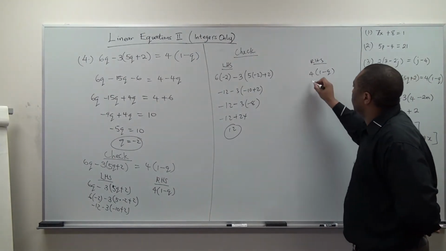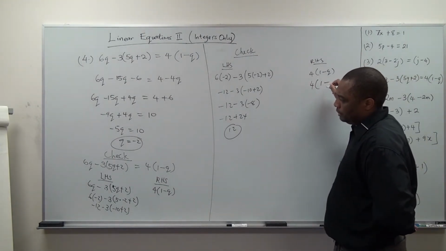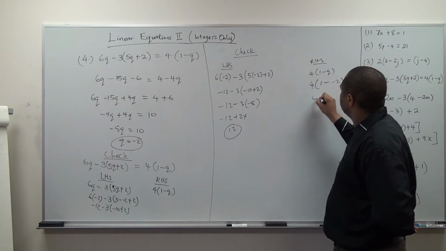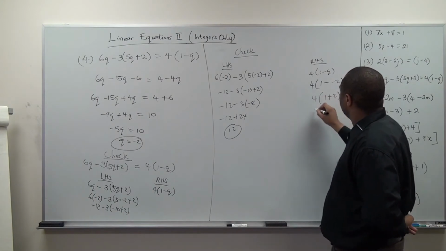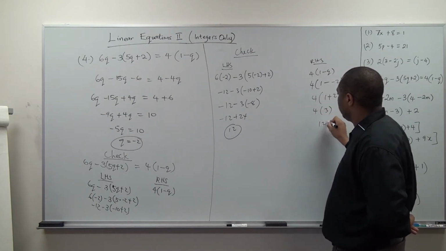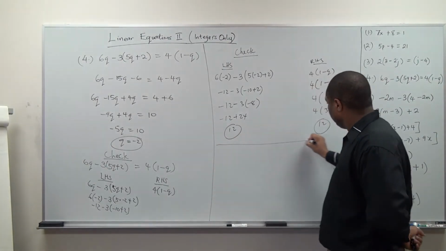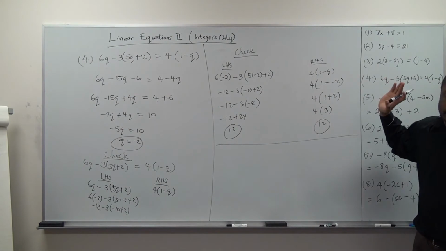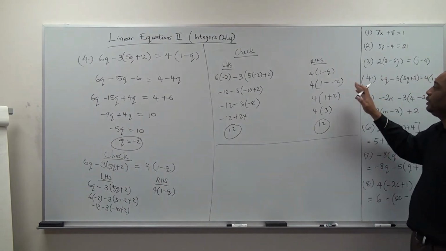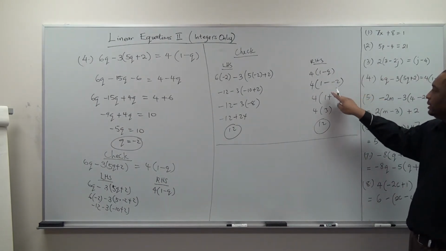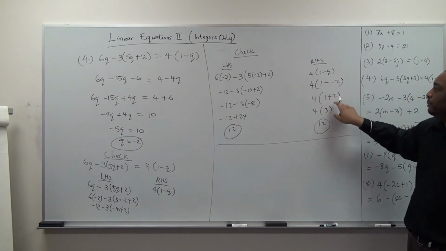Alright, this will be 4 into 1 minus q, where q is negative 2, which is 4 into 1 plus 2, which is 4 times 3, which is 12. 12, 12. That shows we're correct. Now, you need to view the videos on addition and subtraction of integers. Negative, negative gives us a positive.